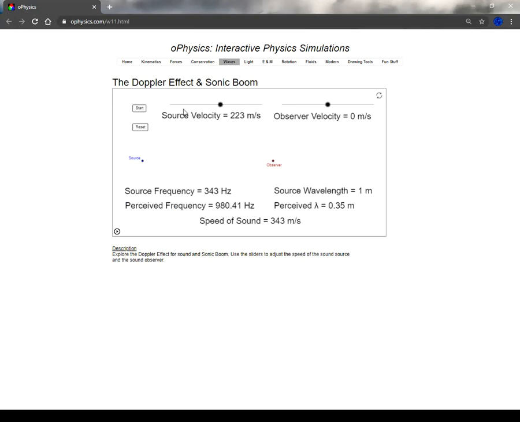So here's the module we saw in the last video. This time we're going to deal with a source that's not moving, and we want an observer that is moving towards the source. I'm going to give it a negative velocity. That's how this computer is calculating it moving to the left.